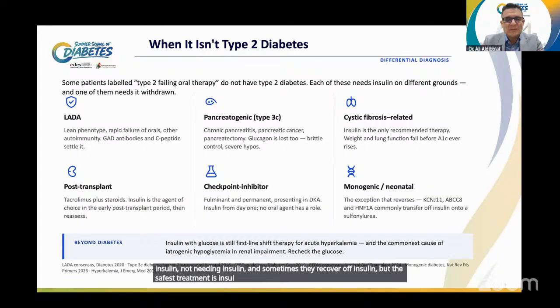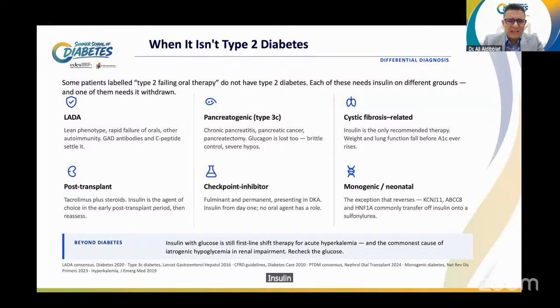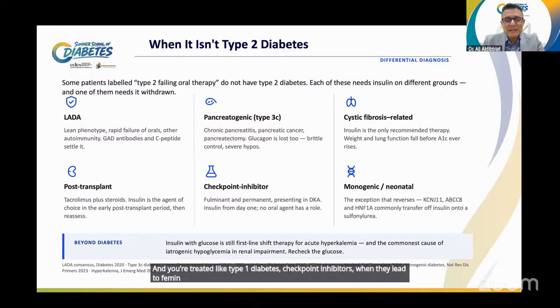When the pancreas is removed, the only treatment is insulin, and you treat it like type 1 diabetes. Checkpoint inhibitors, when they lead to fulminant or permanent beta cell failure, the treatment of choice should be insulin, and these patients need to be treated as type 1 diabetes.